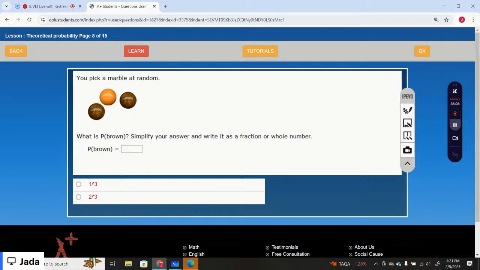You pick a marble at random. What is the probability of brown? Which is the correct option? That is 2 by 3.